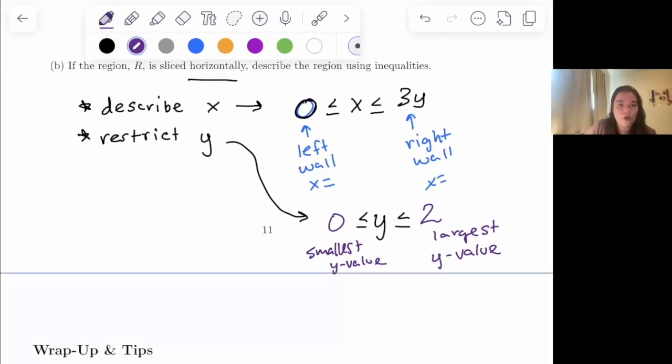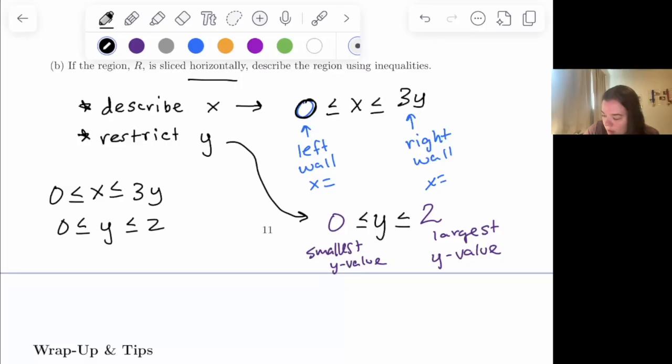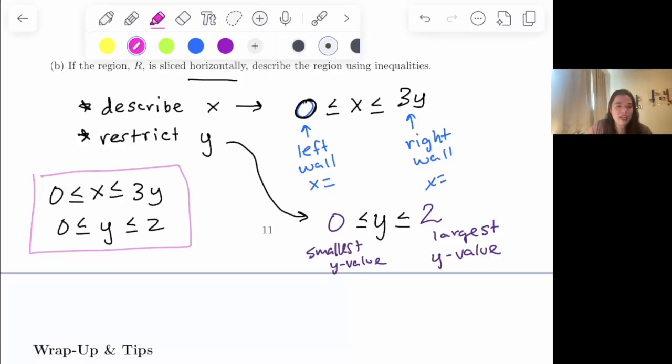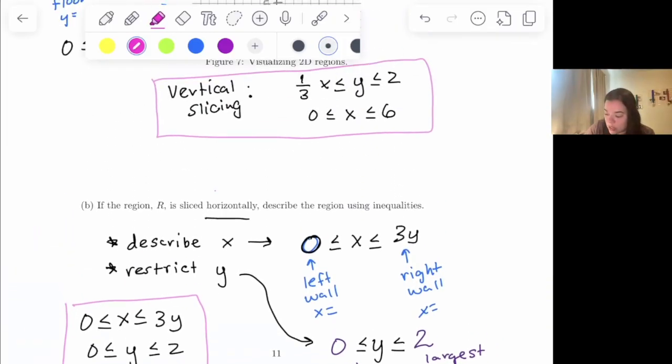So there we described x and we restricted y. If I just want to summarize and put all that together, I'll just rewrite it a little nicer down here. So this box combination of inequalities is how we would describe that region if it were sliced horizontally.